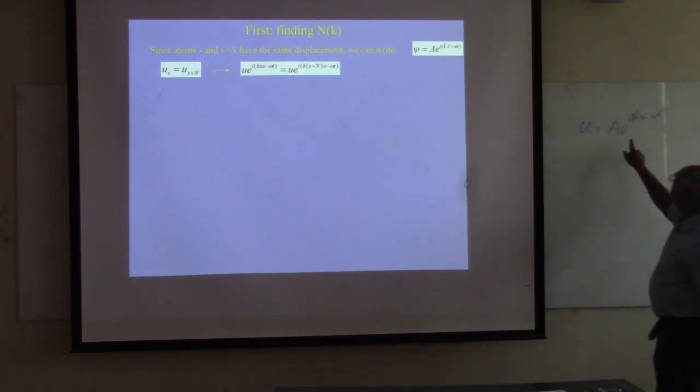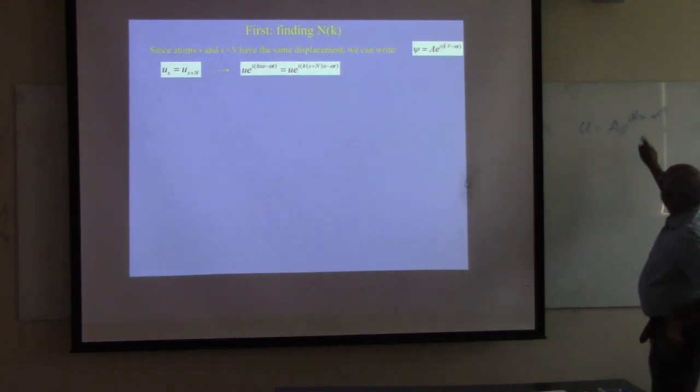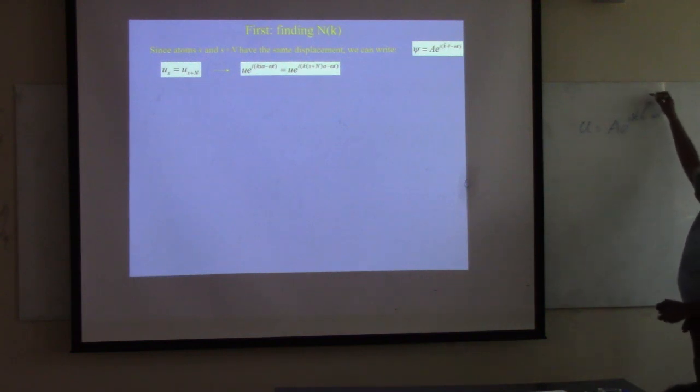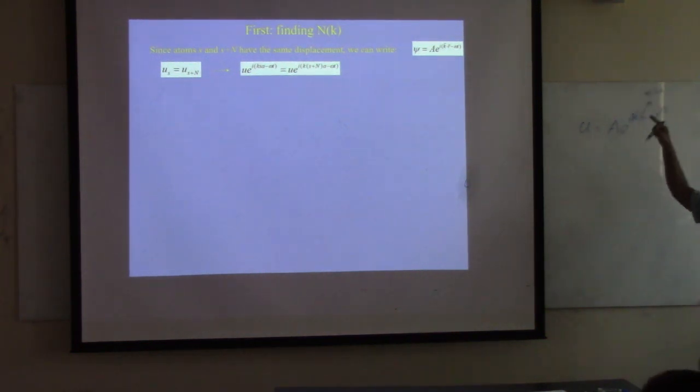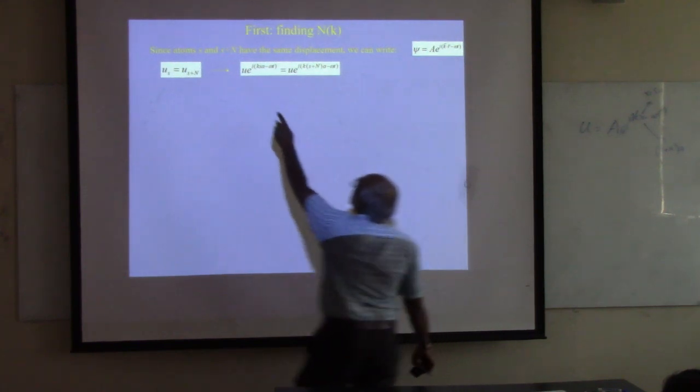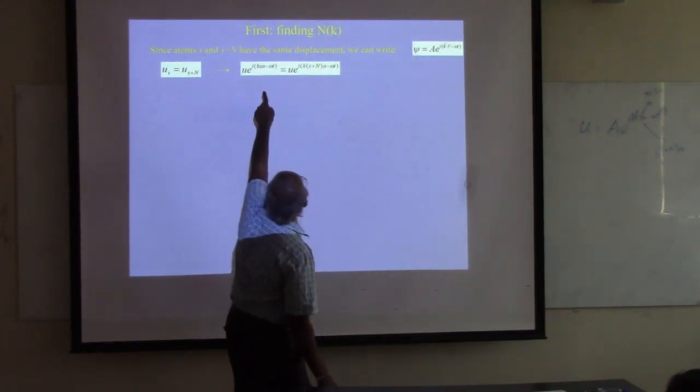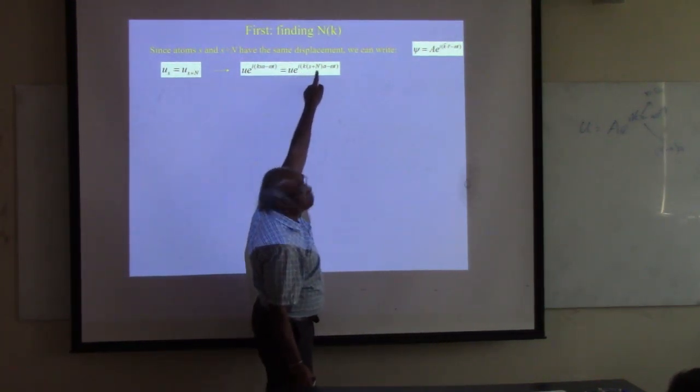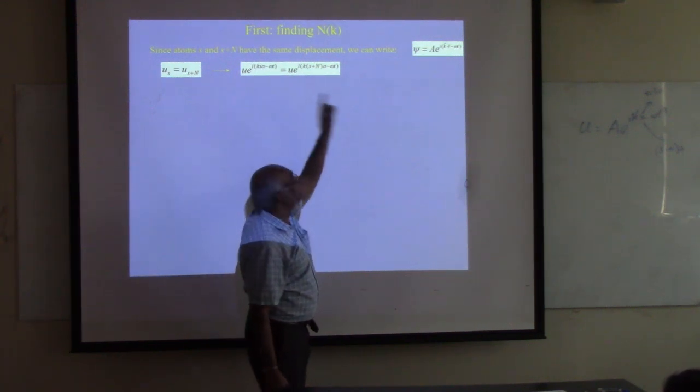The u is basically e to the i k x. Now what is x? For the s atom, x is s times a. For the s plus N atom, x becomes (s plus N) times a. So you get e to the i k s a on one side and e to the i k (s plus N) a on the other. The omega t terms cancel.